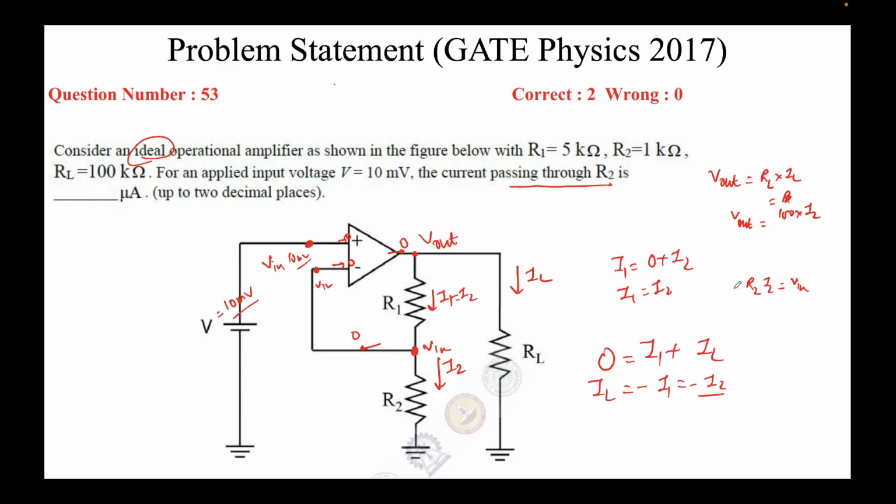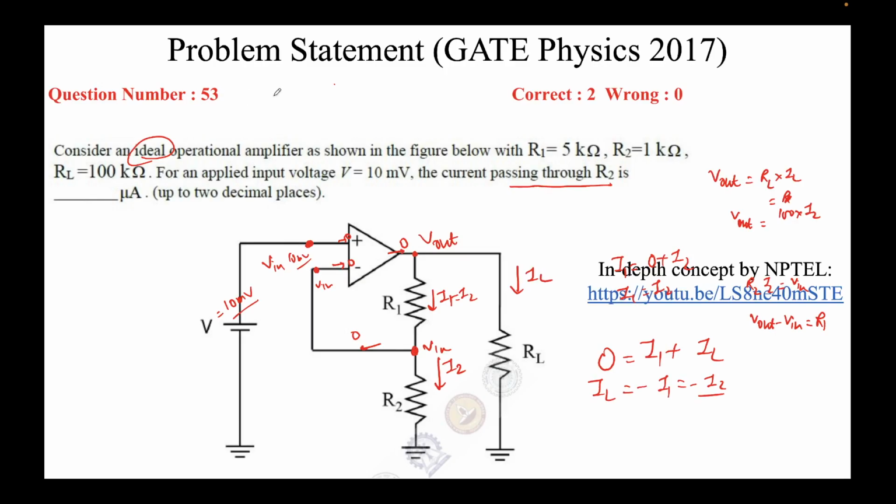And apply Ohm's law across this resistor. So I'll get V out minus V in equal to R1 times I2. I'll write all these Ohm's law expressions on the next slide because there's less space.